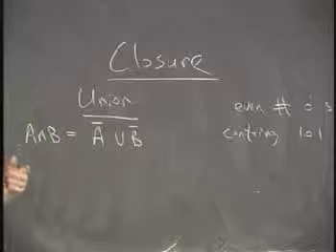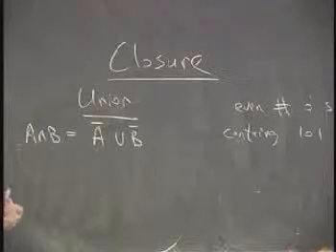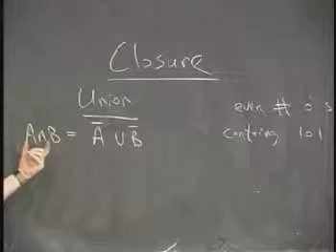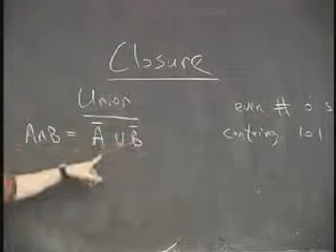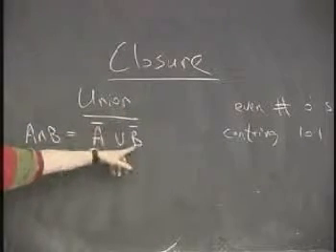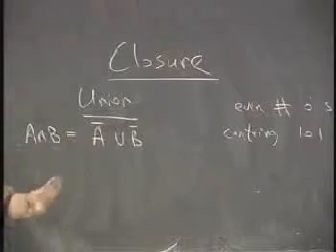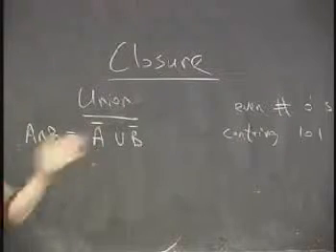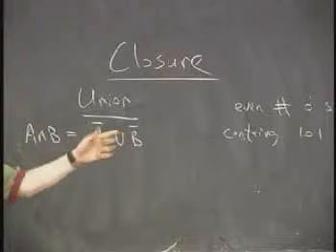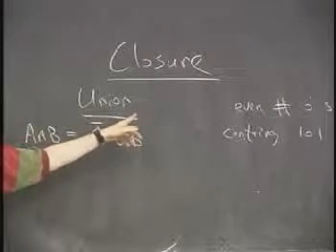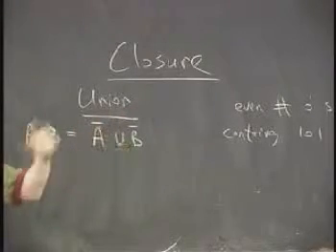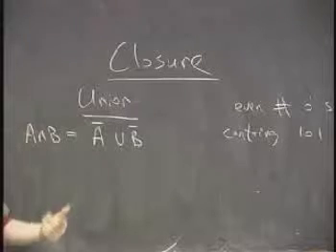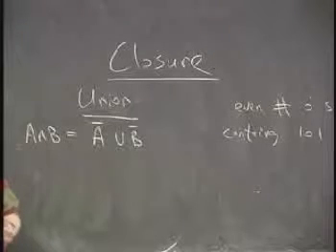The key thing is, if you've got two machines, one for A and one for B, you can get a machine that does their intersection by doing this stuff. You can complement A and complement B. You guys know how to do that, right? Toggle the states. Then union them. You know how to do that? Do your two E transitions. Then complement the result again. You have to take your two E transitions, convert it to a deterministic machine before you complement it, because we only know how to complement deterministic machines.